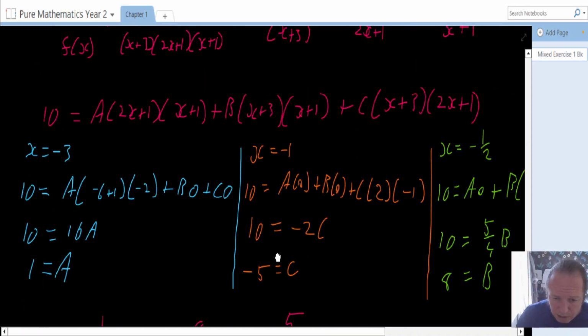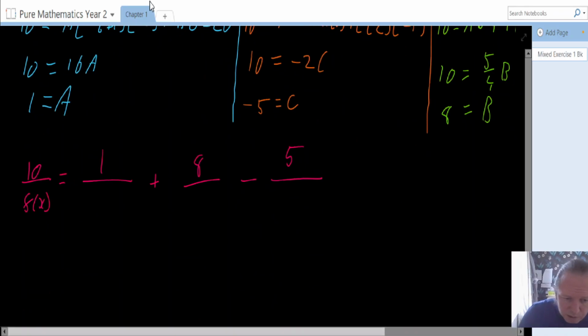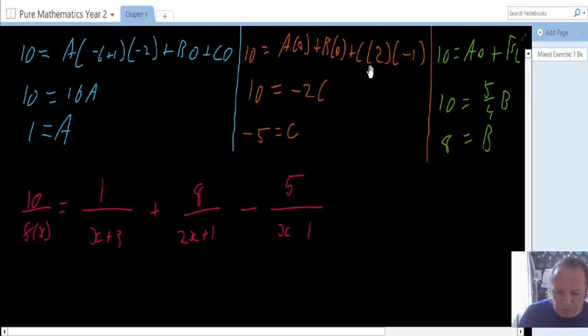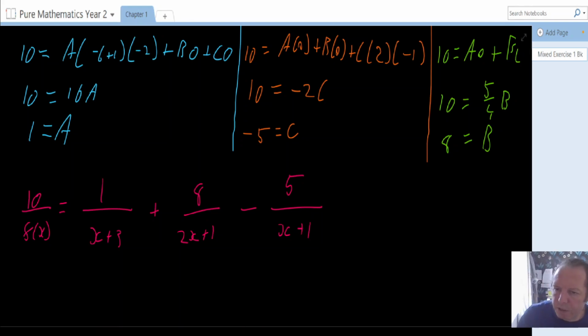Is that plus or minus? Plus. Right. There it is, expressed as a partial fraction. Finished, just the challenge question to go.